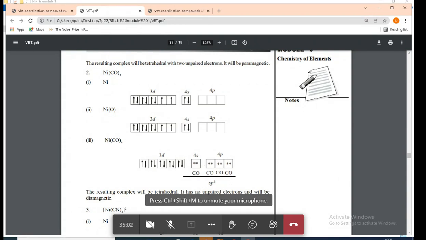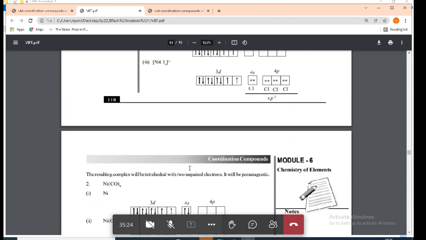So sp3 means tetrahedral structure, and a pairing has taken place, so there are no unpaired electrons here, which means it is diamagnetic in nature.